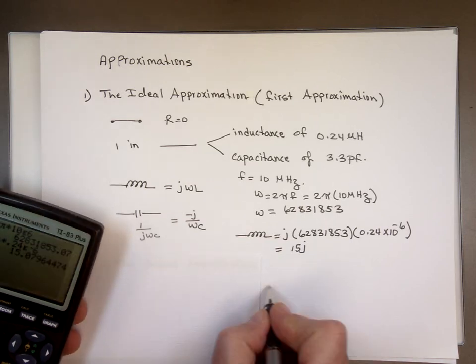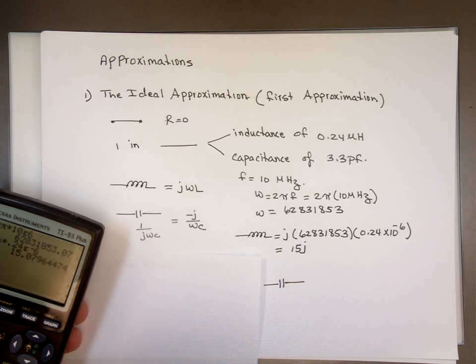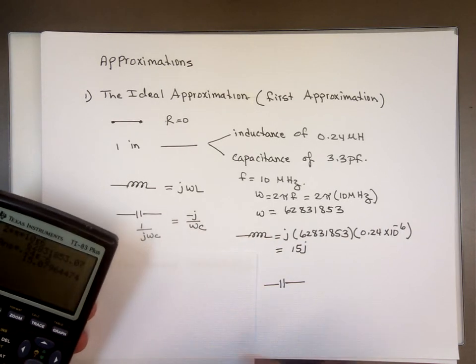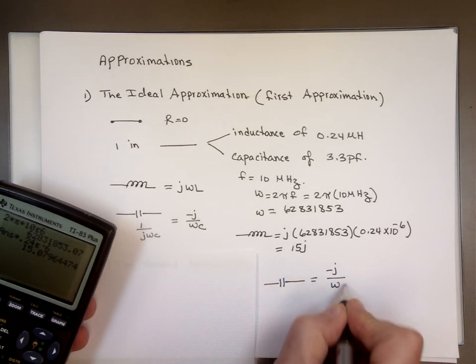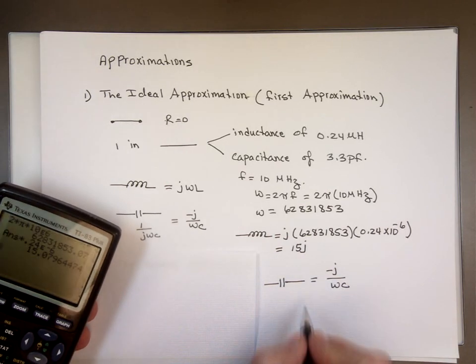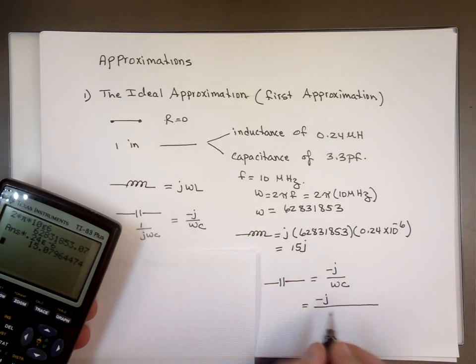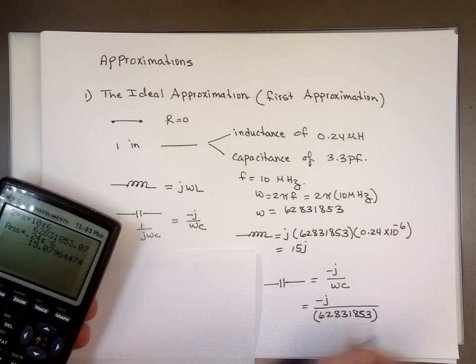And it's going to have a capacitance value equal to negative j over omega C. So that's negative j divided by omega, which is 62831.853, times C, which is 3.3 picofarad.